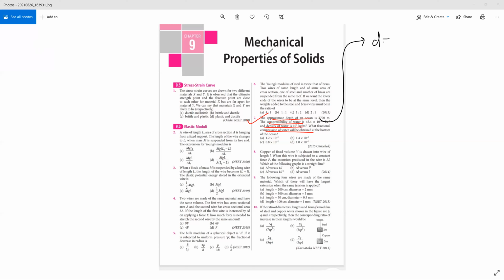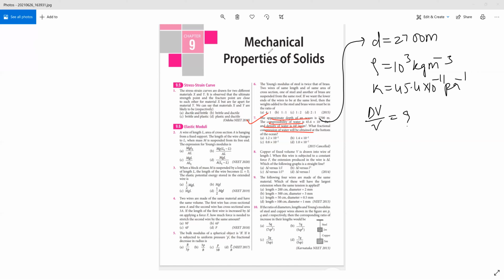Depth they have given, depth of ocean 2,700 meter, density rho is equal to, for water it is 10 to the power of 3 kg per meter cube, compressibility K value 45.4 into 10 to the power of minus 11 per Pascal. Change in volume to the original volume we have to calculate.